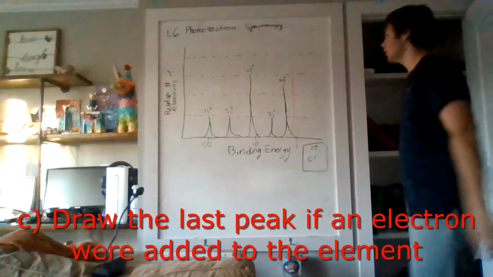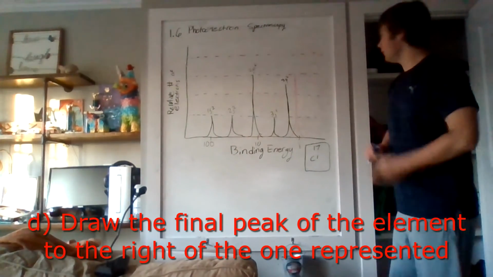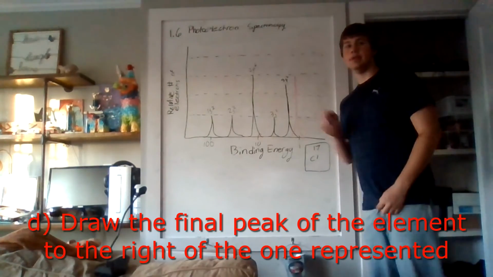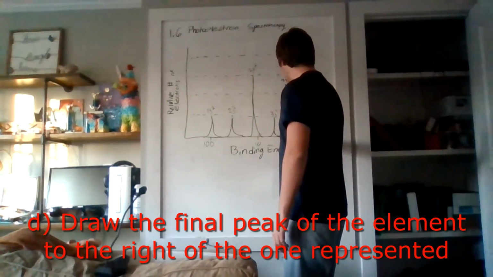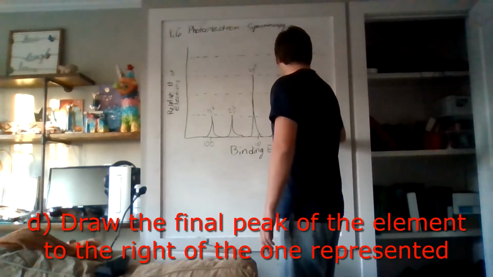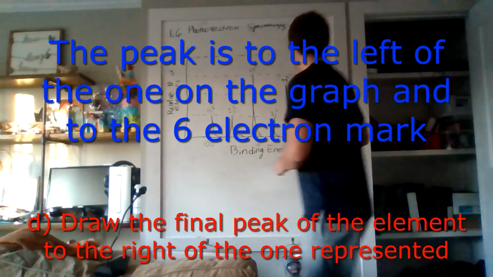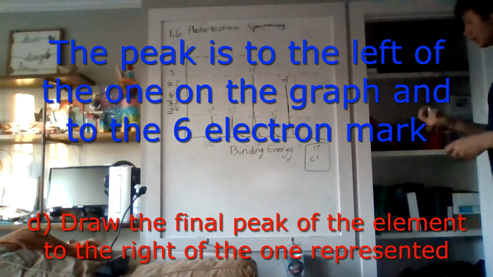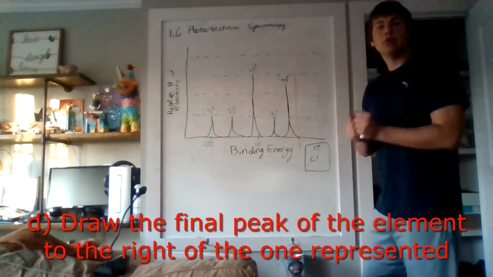Now, if it were the element next to it, what would happen is that the peak would actually go a little bit to the left. Sorry, that marker doesn't work very well. And the reason for that is because you're adding more protons.